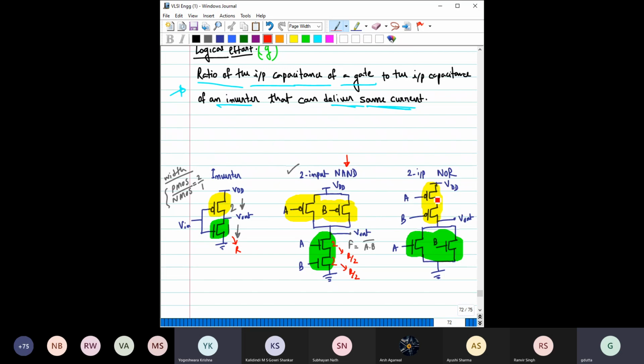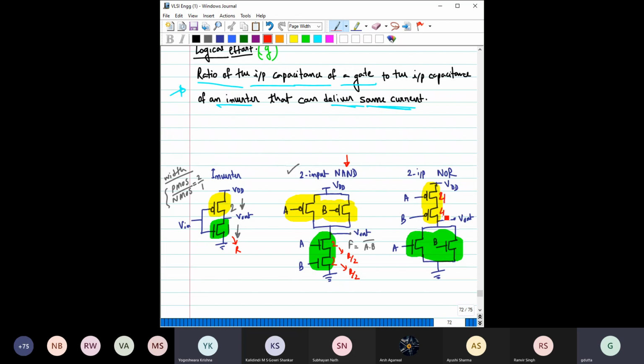Can you comment on the same for this PMOS, for this 2 input NOR? Here also two PMOS are in series. If you have to make the resistance of the total pull up network the same as that of this equal inverter, then you have to make the width of this transistor 2 times. So you have to make it 4.